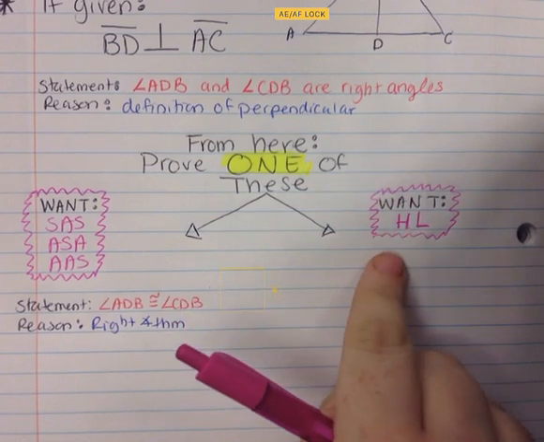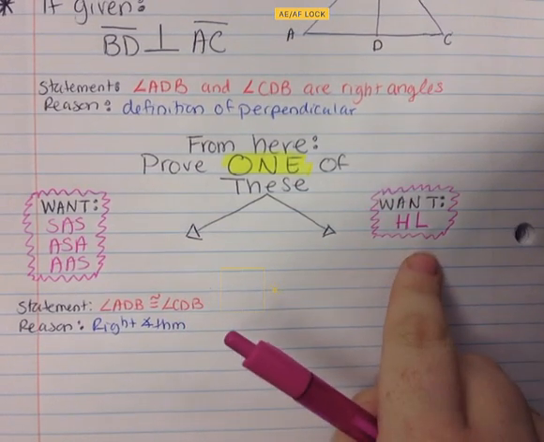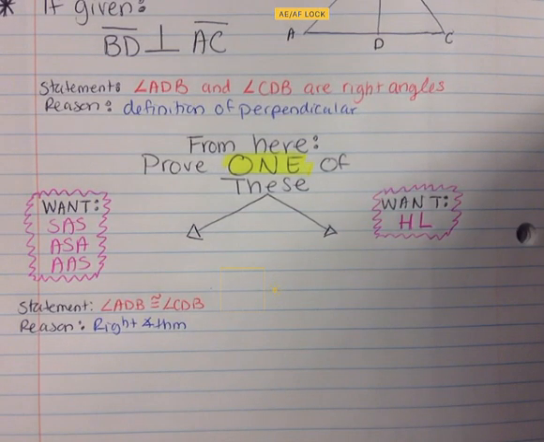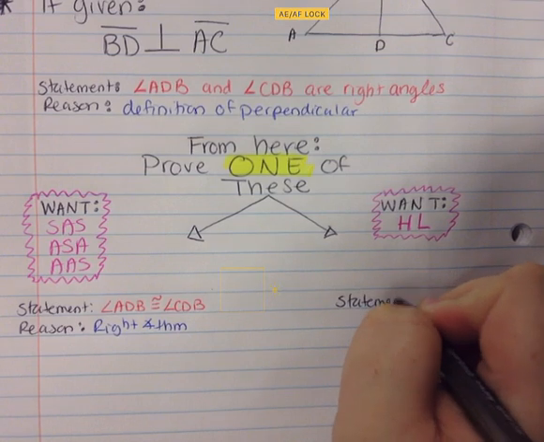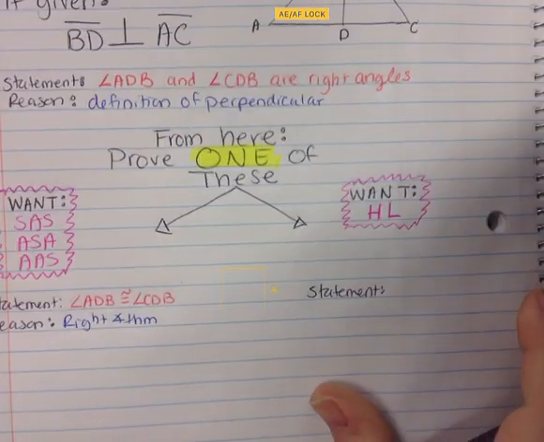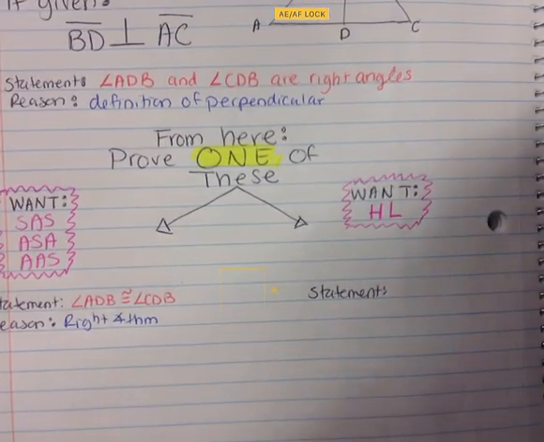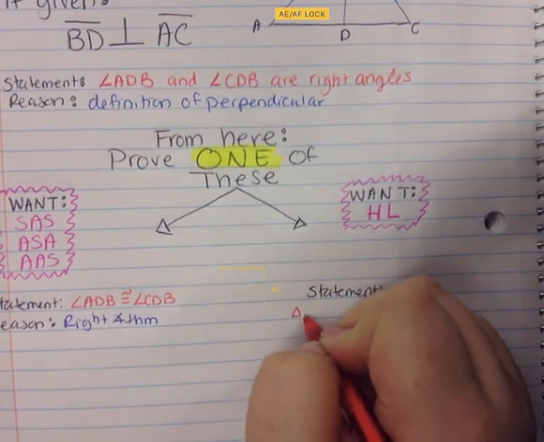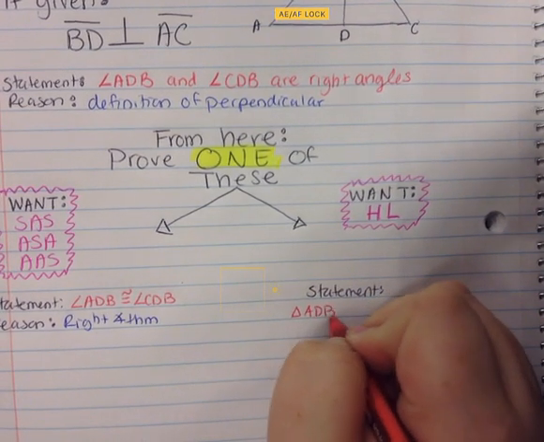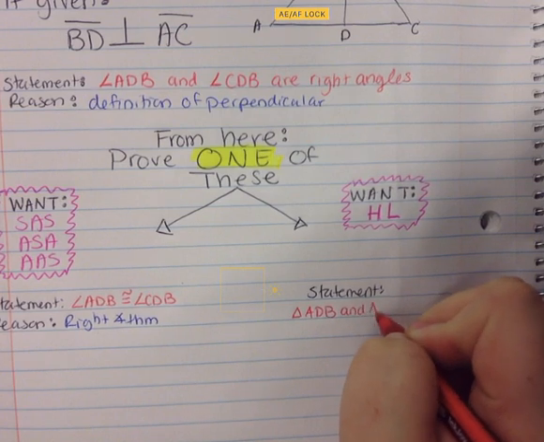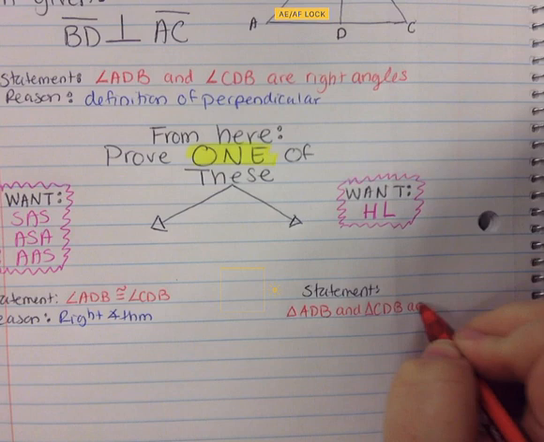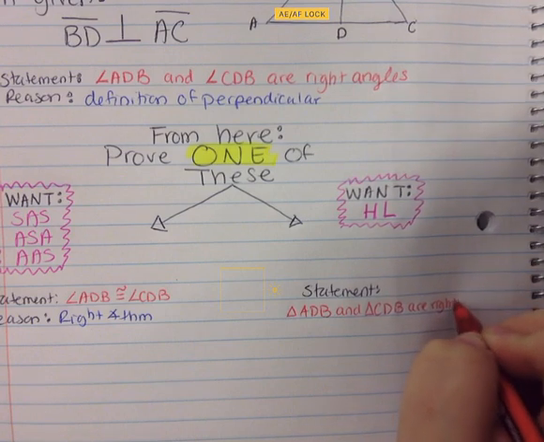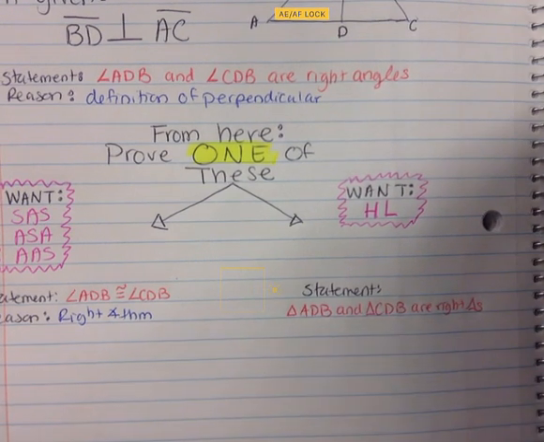But if you want to go into proving HL, your next statement would be that triangle ADB and triangle CDB are right triangles.